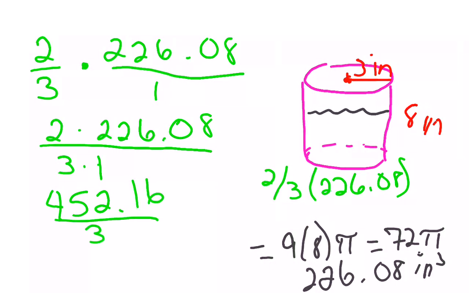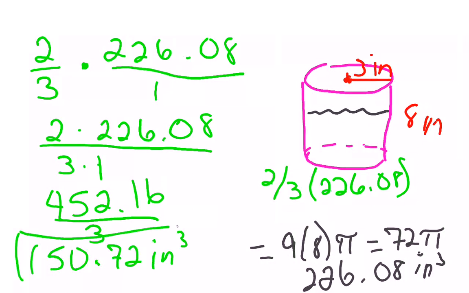And now we divide that. So 452.16 divided by 3 gives us 150.72 inches cubed. So this is how much water we want to fill that vase with. That's how much water will be in there so that we can keep our flowers nice and pretty the longest.